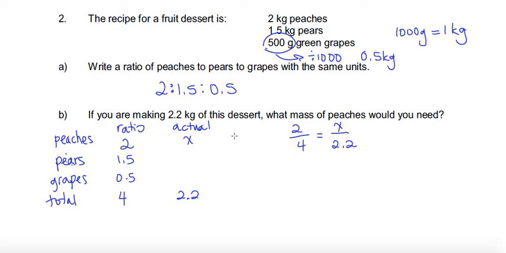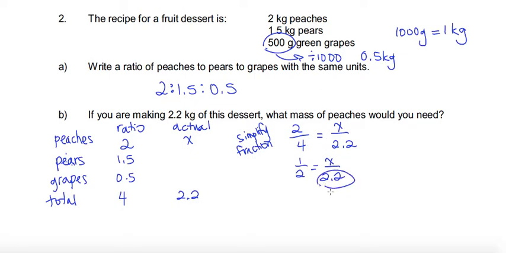What I could do is simplify this fraction first, putting it into lowest terms. So then it becomes 1 over 2 is equal to x over 2.2. The only reason I do that is because it makes my calculations a little easier to work with, because I'm not dealing with larger values. Right now it's not a huge deal because it's only 2 over 4, but if this was a larger amount, reducing that would be much easier for you.